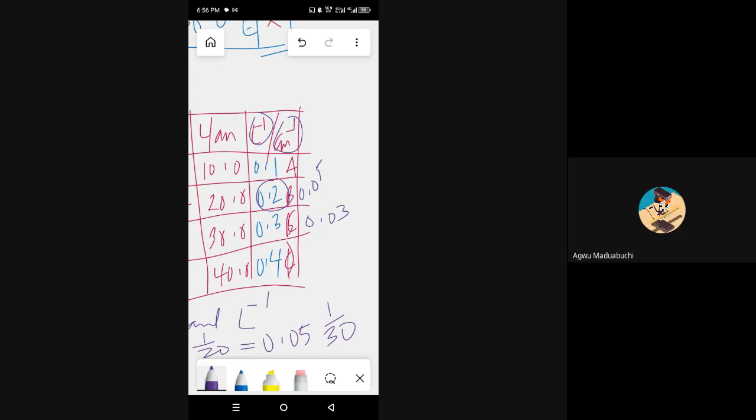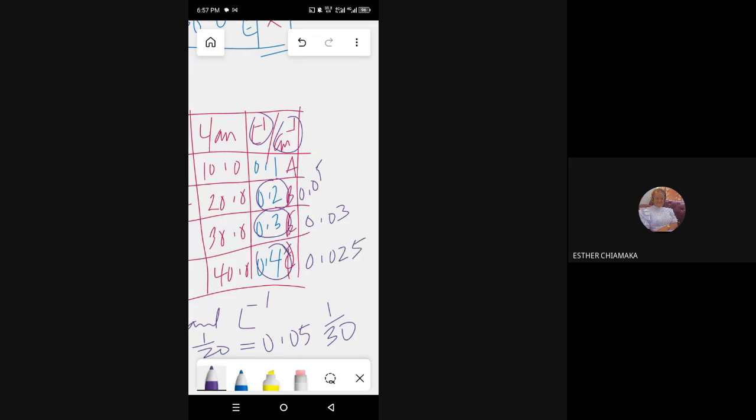Is it 0.0 or 0.03? 0.03? Okay, 0.03. Good. Now, how about inverse of 40? 0.025.